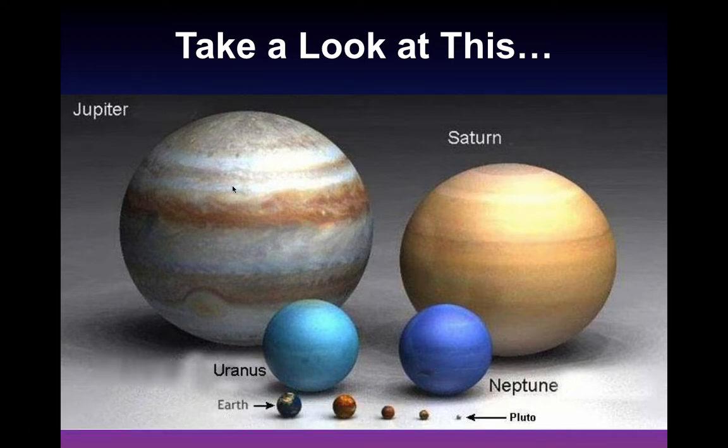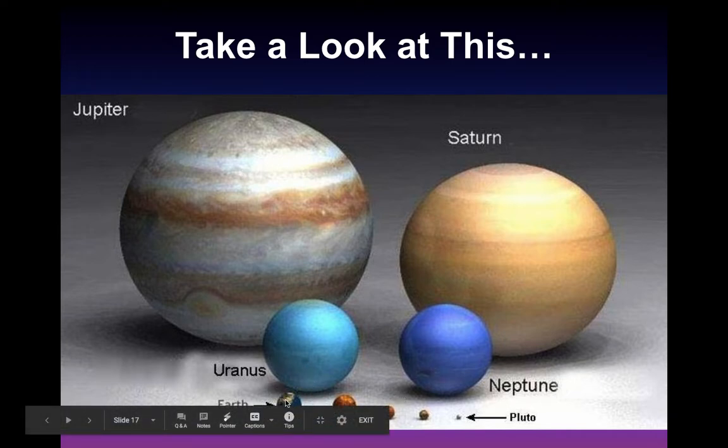Look how big Jupiter is compared to Earth, or how big Saturn is compared to Earth, or even how big Neptune and Uranus are compared to Earth. And then look at Pluto. So Pluto, the smallest planet, compared to Jupiter, the largest planet in our solar system, they're so different in size, it's crazy. You could fit like a bazillion Plutos in Jupiter.